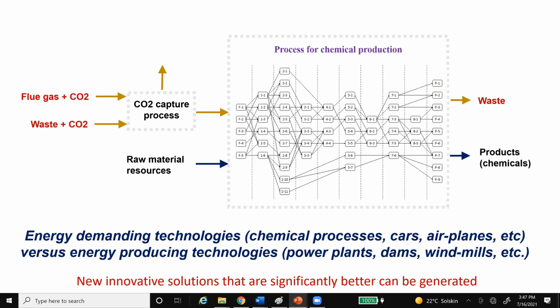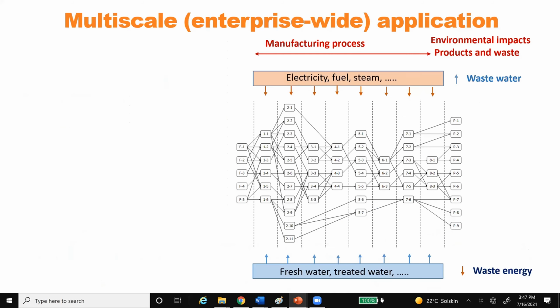When we want to do this simulation, design, synthesis, innovation, we are making two very important assumptions. We assume that all the energy we need is available, all the water we need is available, and we waste water and we waste energy.